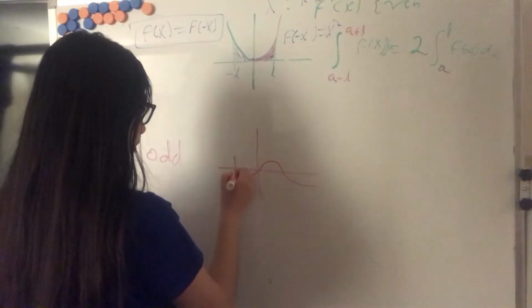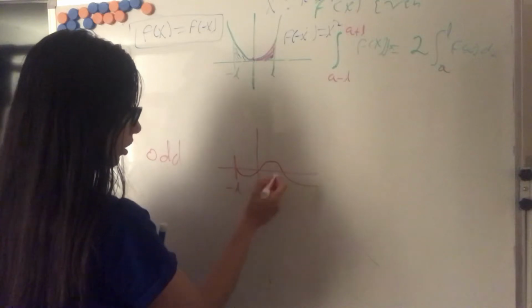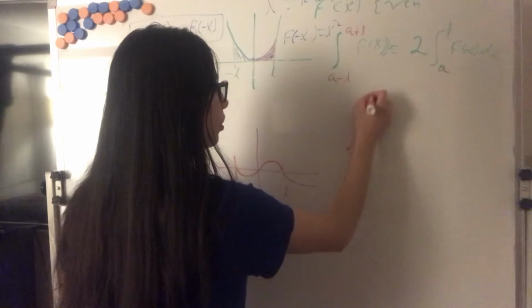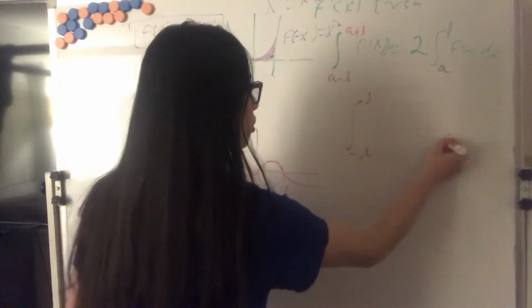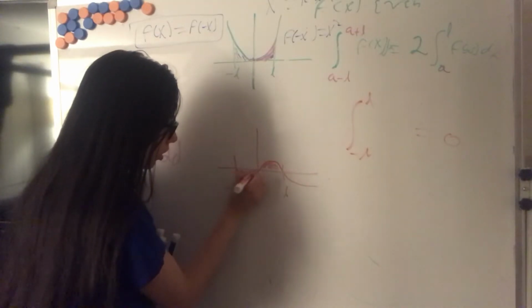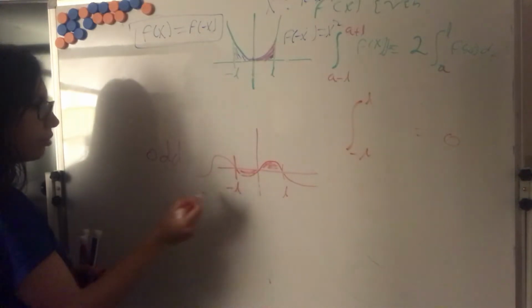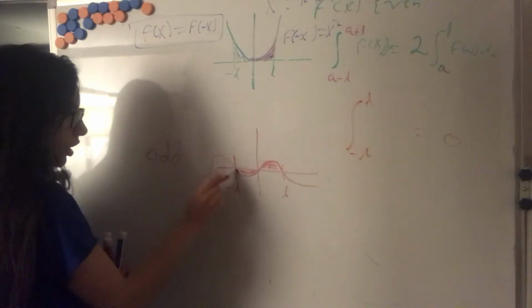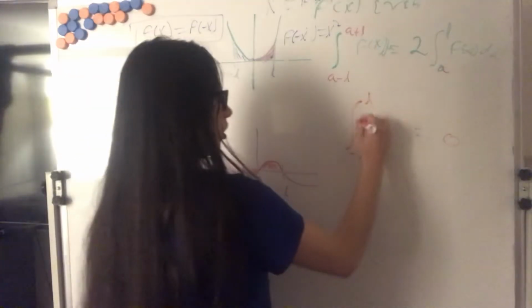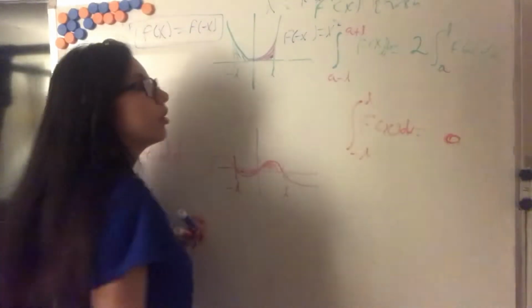Here if we integrate from minus L to L, this is minus L, this is L. This will be just 0, because this part will cancel with this part. So we go from the end of this crest to the end of the other crest. So the integral from minus L to L of f of x dx would be just 0 for the odd function.